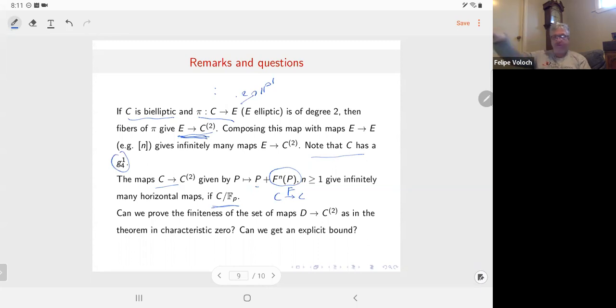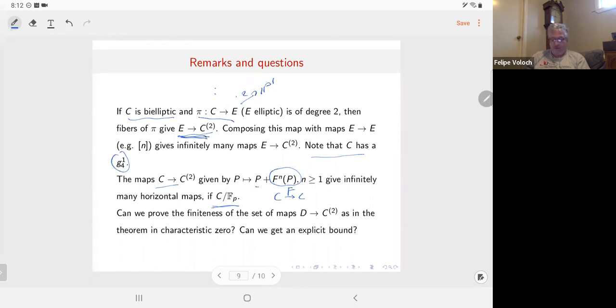So they're all horizontal. So this is an example of something that is horizontal, but not strictly horizontal. It's not really a horizontal line. It's just a map that is everywhere tangent to the horizontal lines. Okay, and these are infinitely many maps.